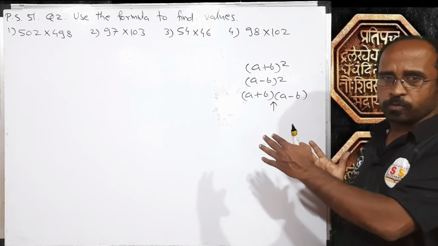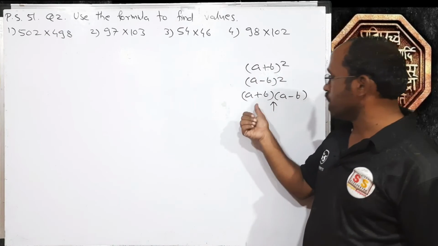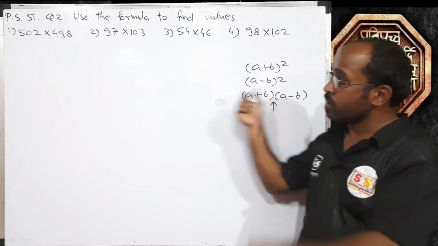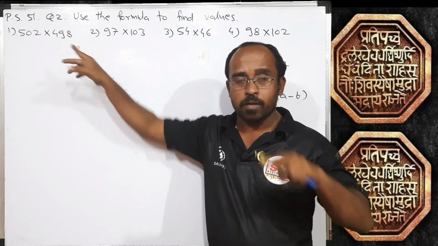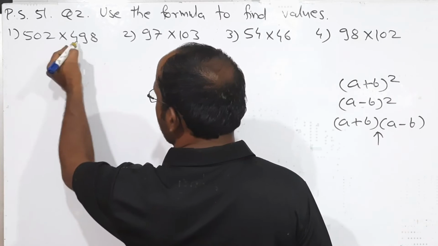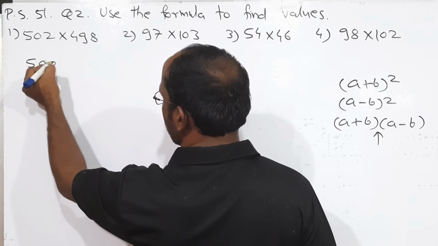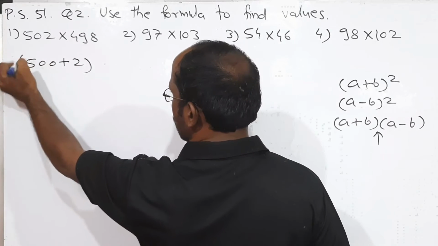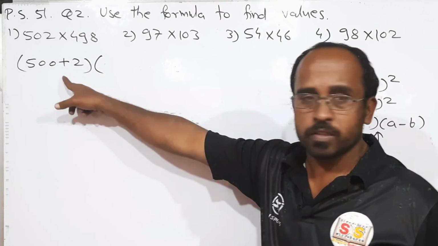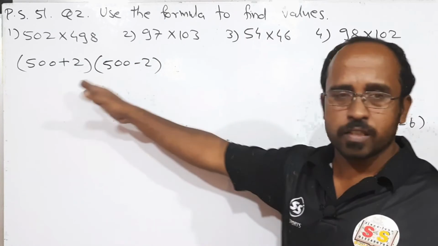So is it possible to fit? Is it possible to split this example such that in the first bracket there will be addition of two numbers and in the second bracket there will be subtraction of two numbers, and both of the numbers are same? Let us see. 502 multiplied by 498 can be written as 500 plus 2 multiplied by 500 minus 2. So addition of two numbers multiplied by subtraction of the same two numbers. Yes, it is possible.